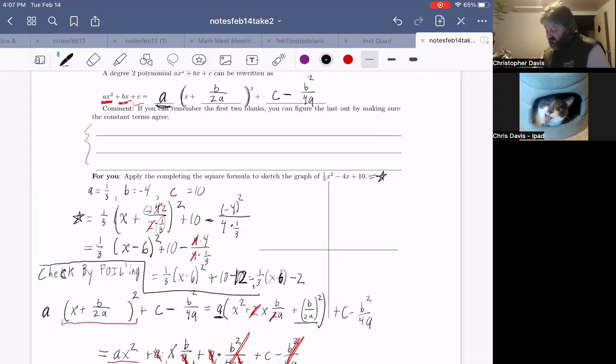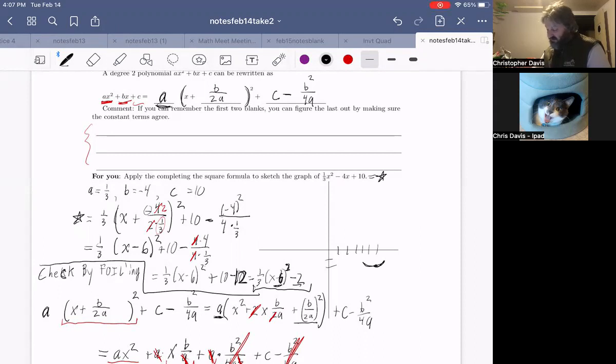So what does that tell me about this? That tells me about the shape of the graph. This will be given by a quadratic function, upward opening. It'll get squished flat, become 1/3 x squared. Oops, lost the squared. Then it will go right 6 and down 2. So the vertex will be down here.